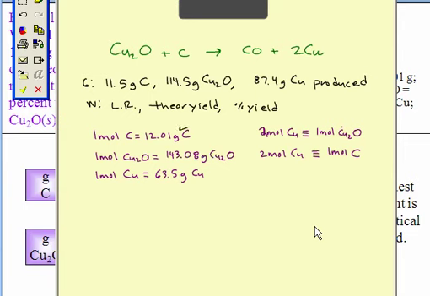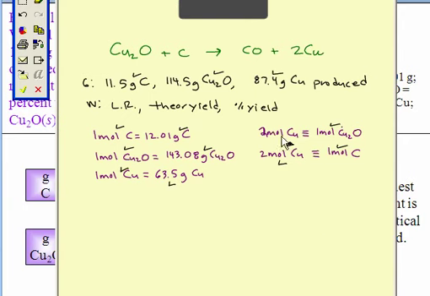I have grams of carbon, grams of carbon, grams of copper(I) oxide, grams of copper(I) oxide, moles of copper(I) oxide, moles of copper(I) oxide, moles of carbon, moles of carbon, moles of copper, grams of copper, grams of copper.